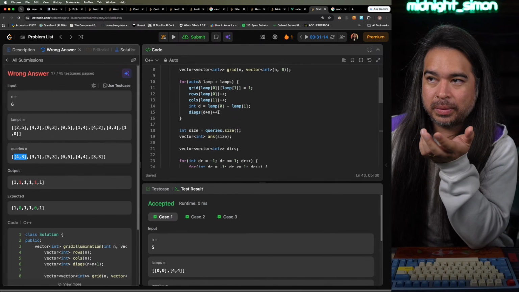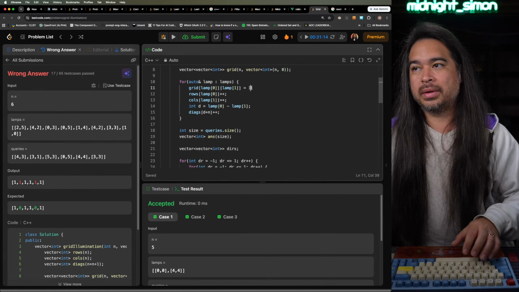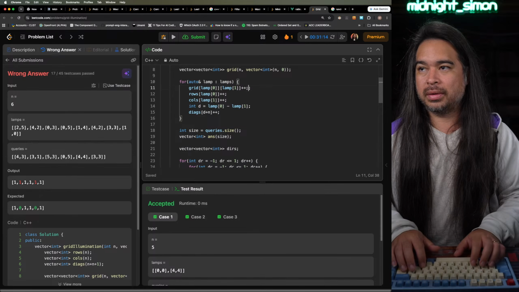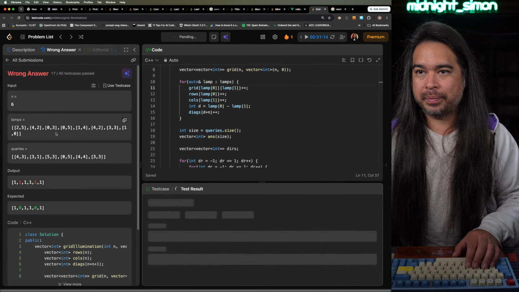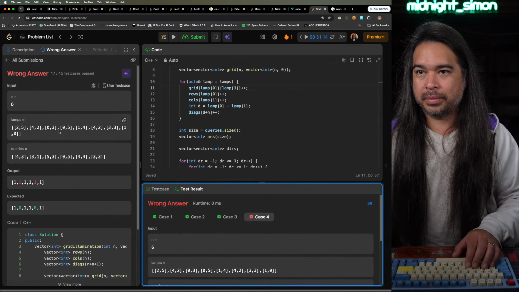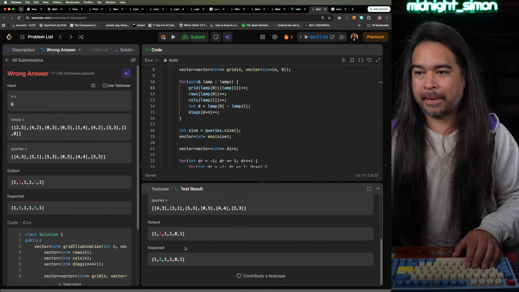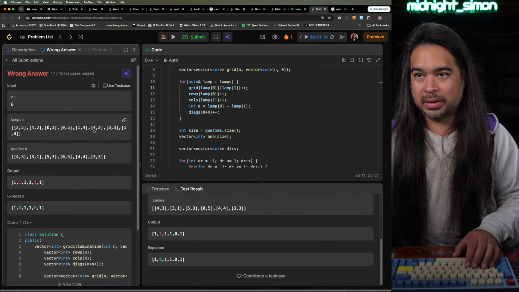So I went through. Did it say there could be more than one lamp? Oh, look, something changed there. So maybe there are duplicates or something, or maybe I'm just tripping.